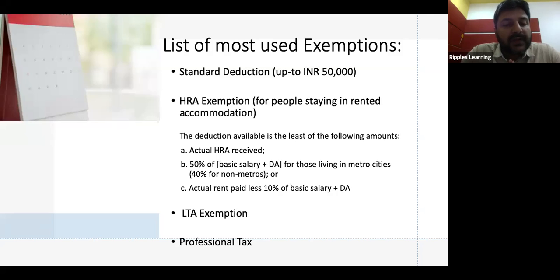Even in a non-metro, for example Pune, Bangalore, or Hyderabad, you may find companies paying 40%, or you may find companies paying 50%. So it's the company's choice at the end of the day. However, by law, what gets defined as a metro is the four metros that we know: Delhi, Kolkata, Mumbai, and Chennai, right?